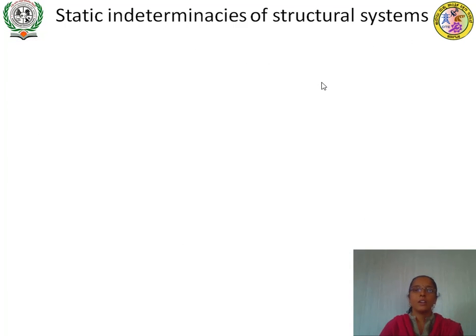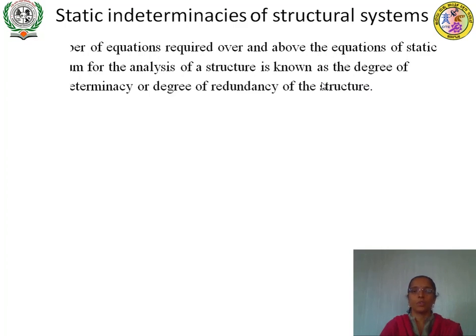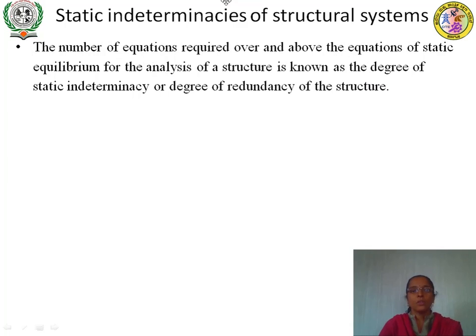Next, let us move on to how to find the static indeterminacies of structural systems. The number of equations required over and above the equations of static equilibrium for the analysis of a structure is known as the degree of static indeterminacy, or it is also called the degree of redundancy of the structure.